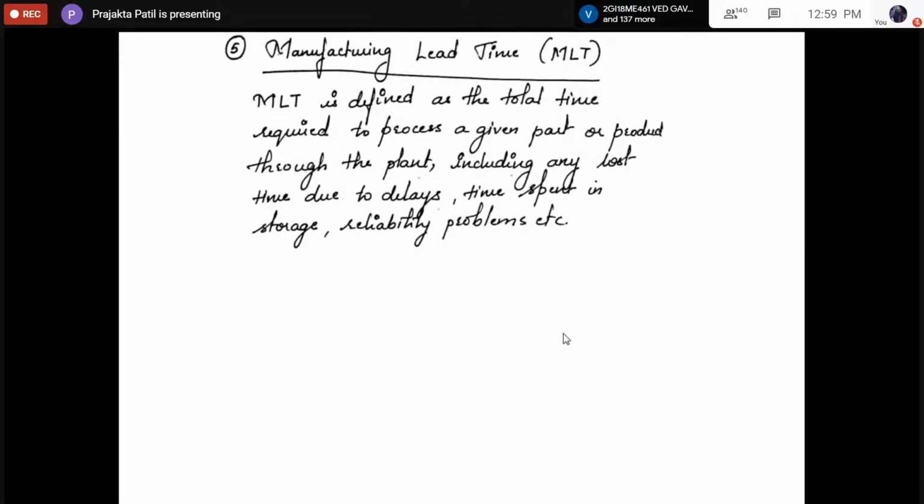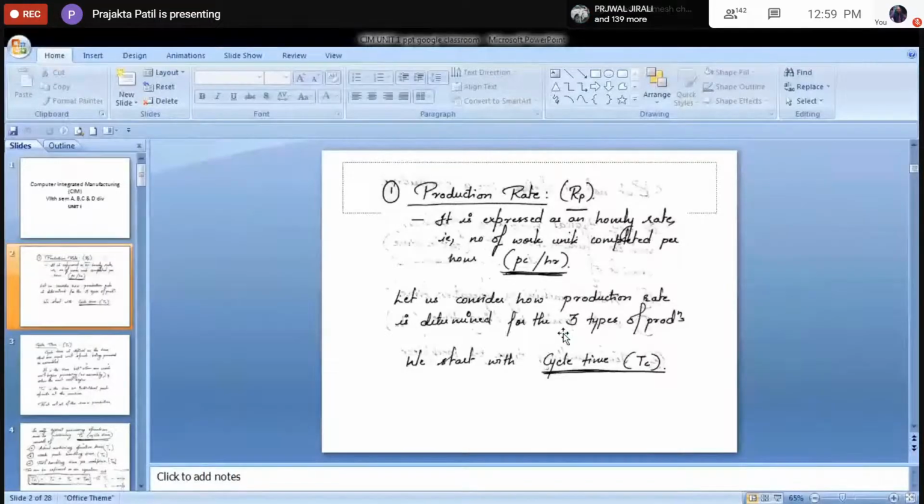If you consider a manufacturing unit, manufacturing lead time is the total time of the product since its entry into the system till its exit. That time may have all the operational, non-operational, all the delays associated with it, the storage time, all of that added up to give the manufacturing lead time. And the companies always aim at reducing this manufacturing lead time as much as possible.